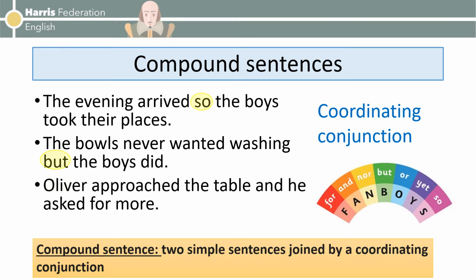In the bowls never wanted washing, but the boys did, "but" is the coordinating conjunction. In the last sentence, the "and" is the coordinating conjunction. You'll notice that either side of the coordinating conjunction is a simple sentence. So, a simple sentence, then a coordinating conjunction, then a simple sentence makes a compound sentence.